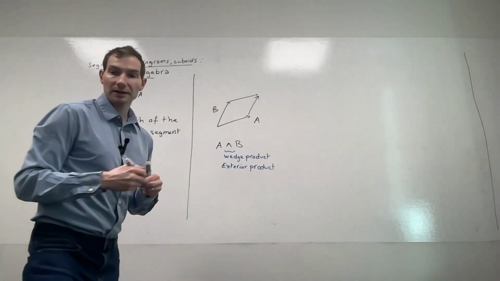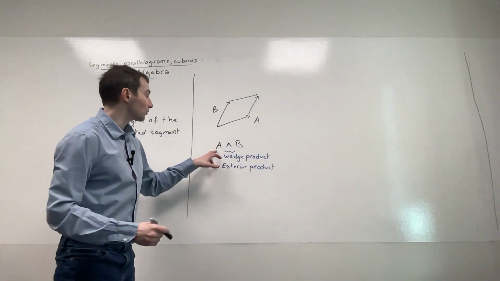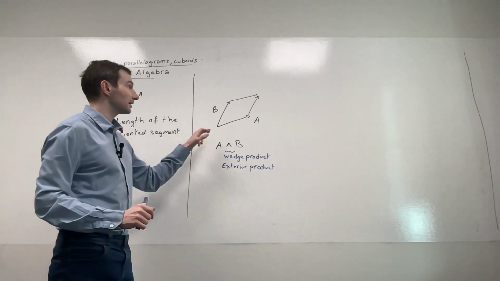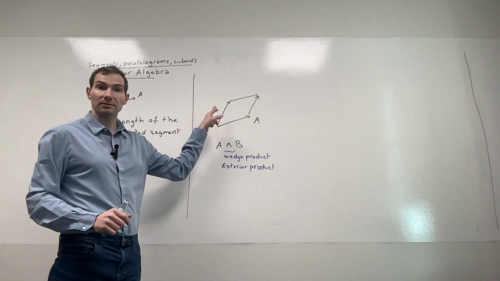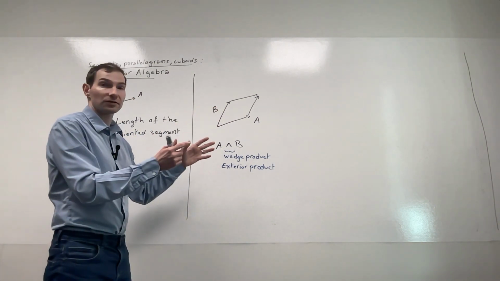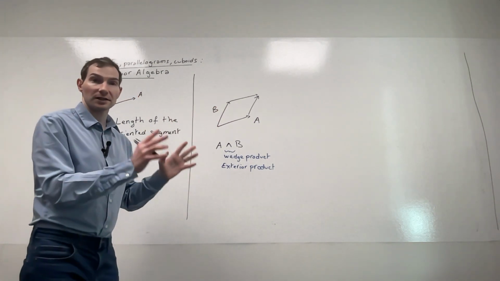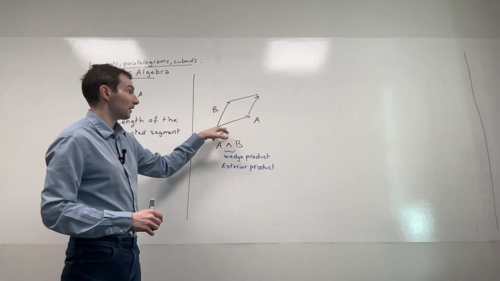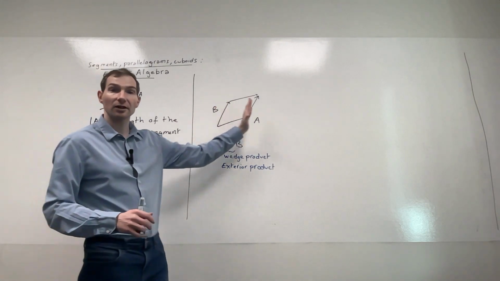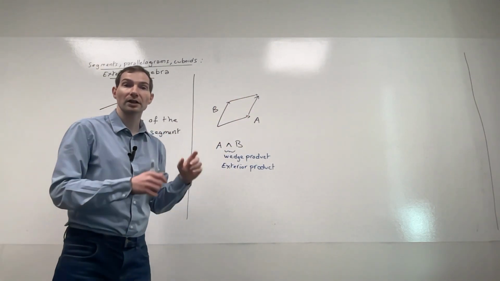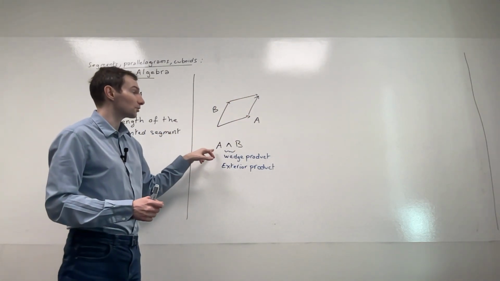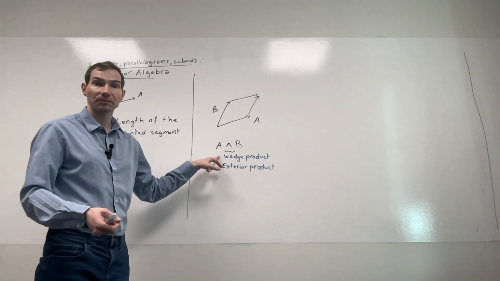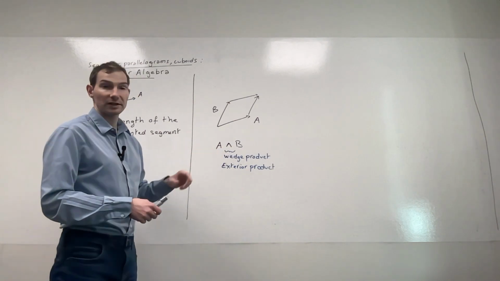And so the idea is that when you take the wedge product of two segments, you actually get a surface. And the surface is characterized uniquely, at least if you want to interpret it in that particular fashion, as made up of these two vectors and the parallel version there. Okay, so this formula tells you I'm building a parallelogram that is made of the vectors A and B. That's what A wedge B stands for.